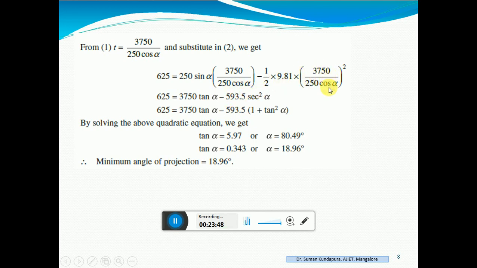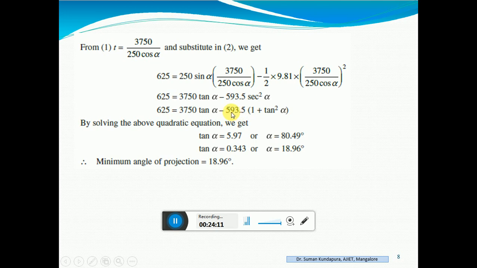1 by cos squared alpha is nothing but, according to trigonometry, you know, it is secant square alpha. Okay. You also know that if you bring the secant square in terms of tan alpha, you can solve this as a quadratic equation. Okay. So secant squared is nothing but 1 plus tan squared alpha.